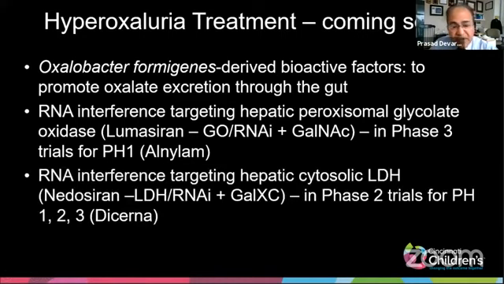And similarly, there's an interfering approach targeting the cytosolic LDH. You can take the LDH RNA inhibitor, attach it to GalXC, which is another way of targeting this compound specifically to the liver. Phase 2 trials are now successful, and they're moving to phase 3.